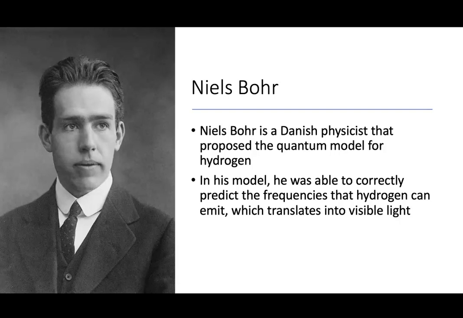You should at least know that he was the one who proposed that electrons are moving around the nucleus in a circular pattern. In his model, he was able to understand more about why atoms emit some type of light whenever they gain or lose energy.